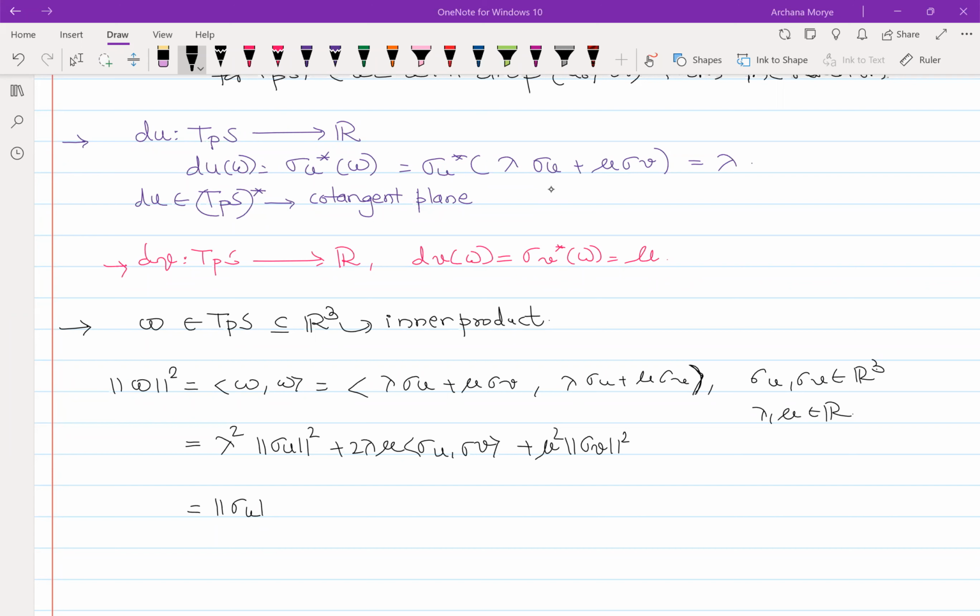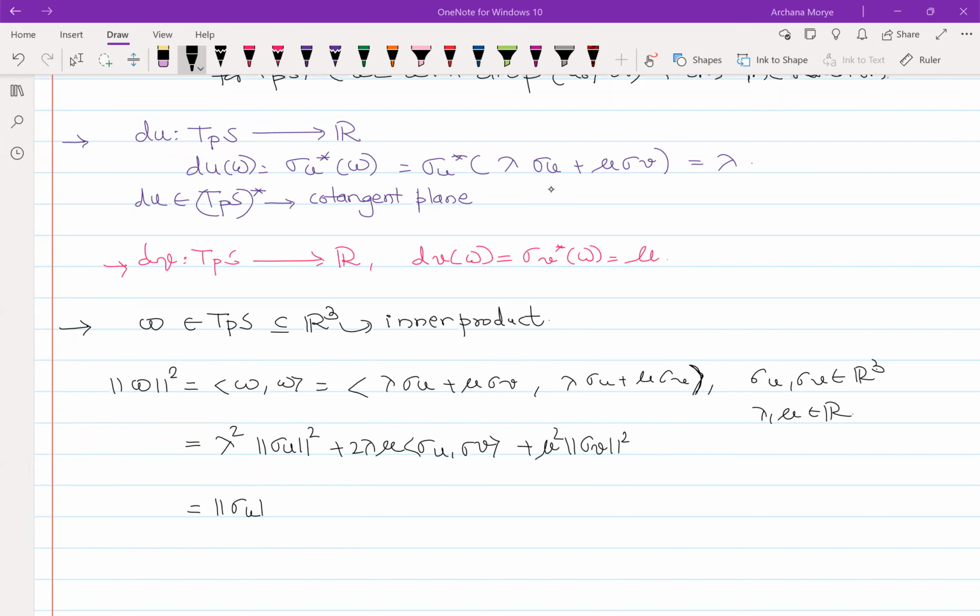Okay, and if you notice here, this norm of sigma u square is independent of w, right? Is that okay for you? In this expression, what are the numbers which are independent of w?